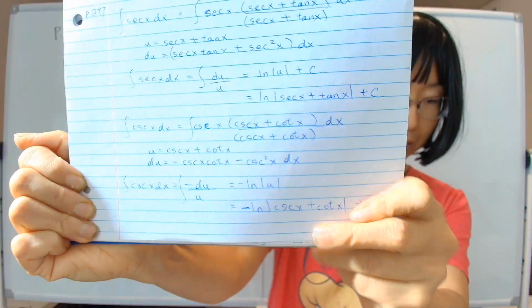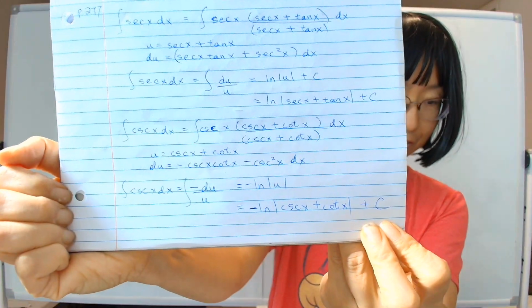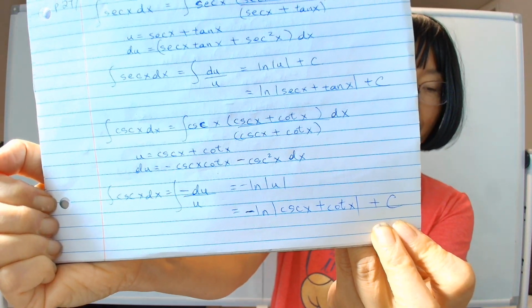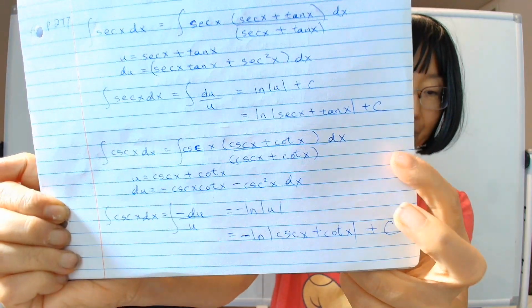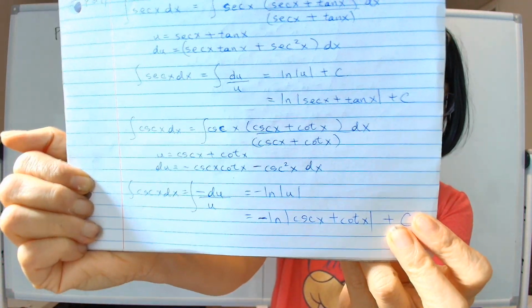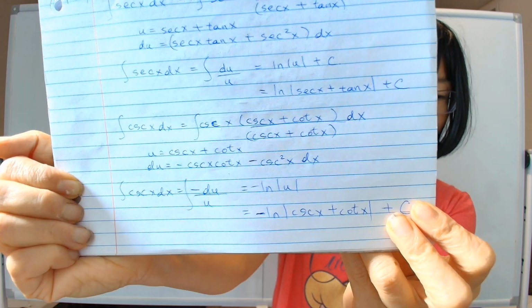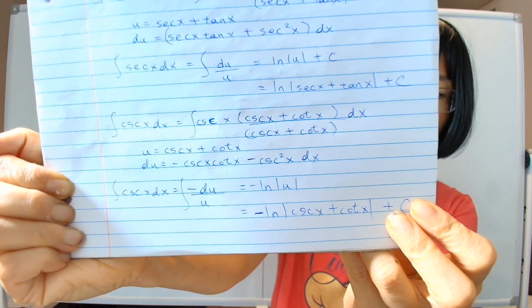So here it is. What happens is you multiply on the top and the bottom by cosecant x plus cotangent x. And then you say u equals cosecant x plus cotangent x.